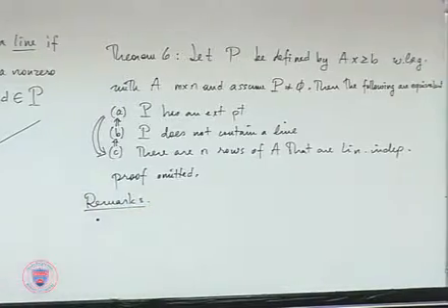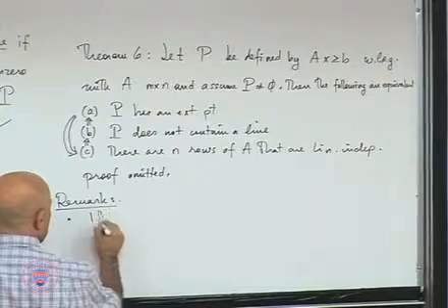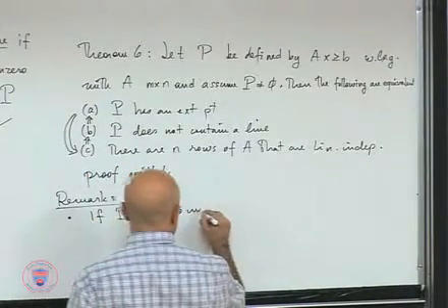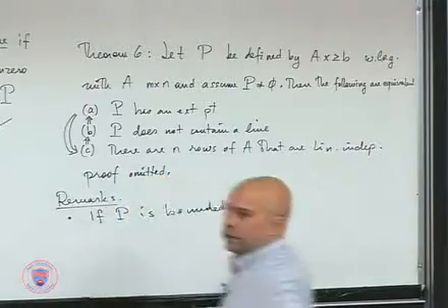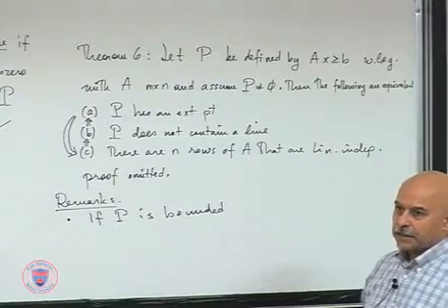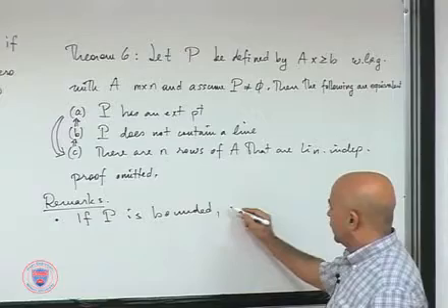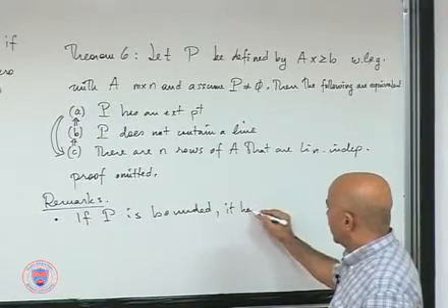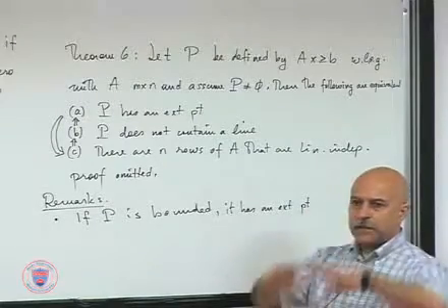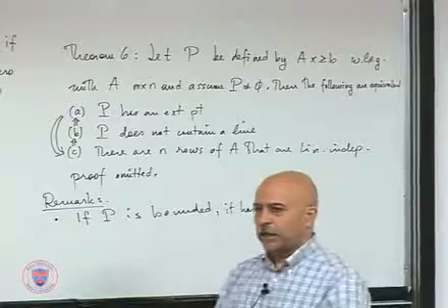So what are the consequences of this? First of all, if P is bounded, well, a bounded polyhedral set, of course, does not contain a line, so it must have an extreme point. Bounded means you can contain the polyhedral set in a sphere of finite radius.